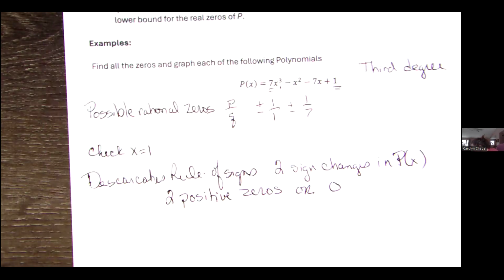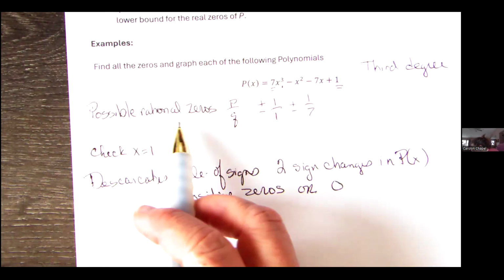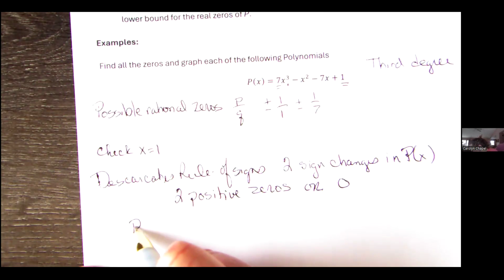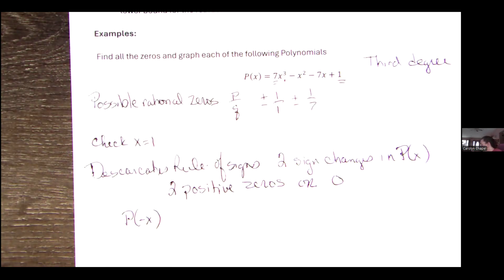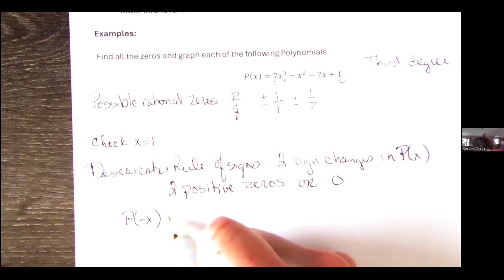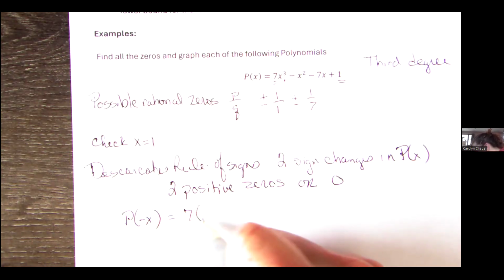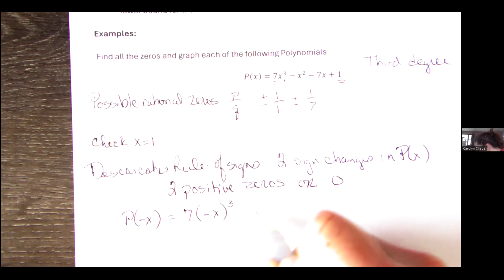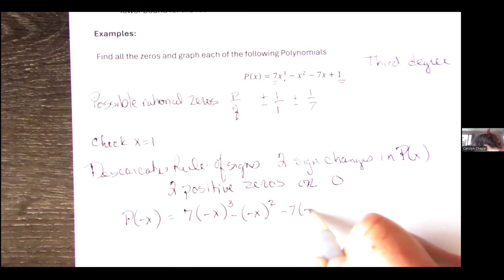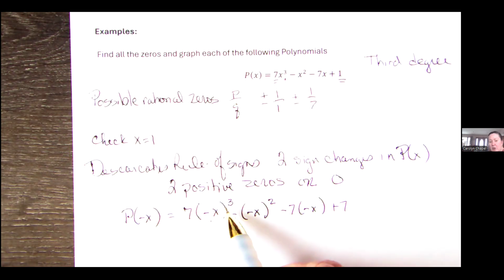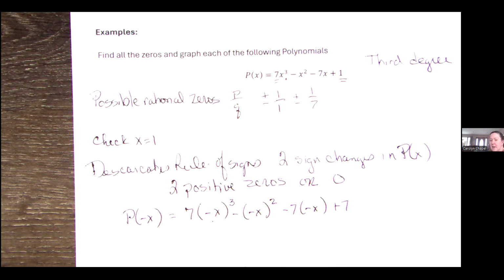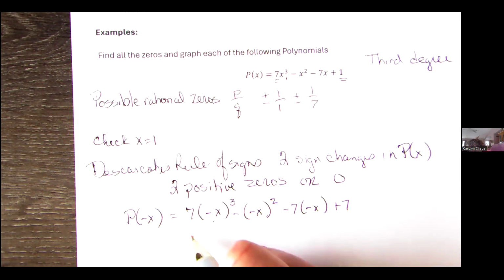I am also going to look at P of negative x, because that is the second part of Descartes' rule of signs. And if I look at negative x, that means I'm going to put a negative x in for my x. Now a negative x cubed is a negative x times a negative x times a negative x, which is negative x cubed.